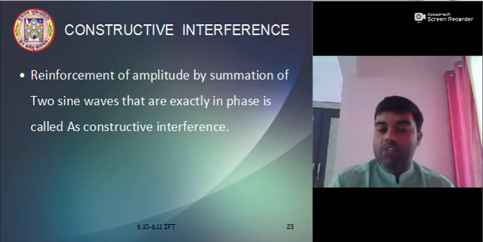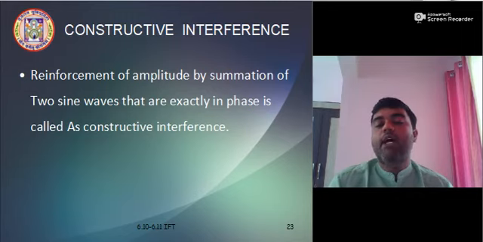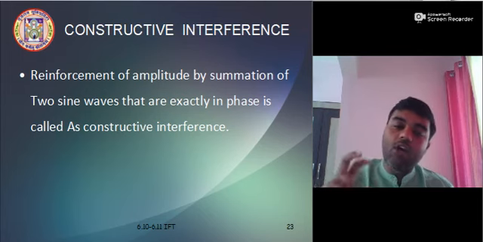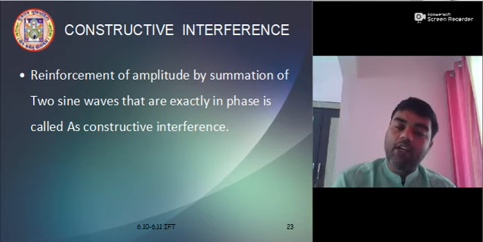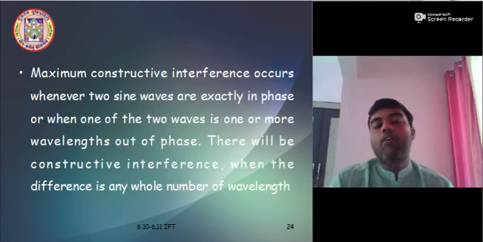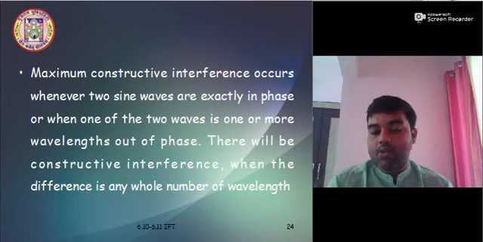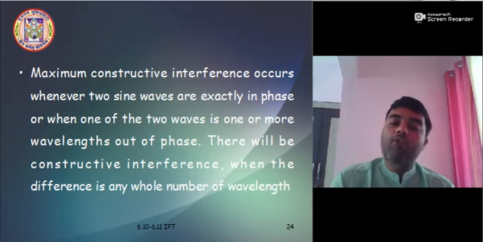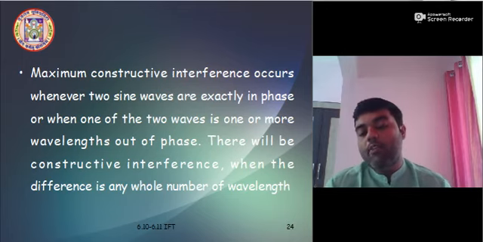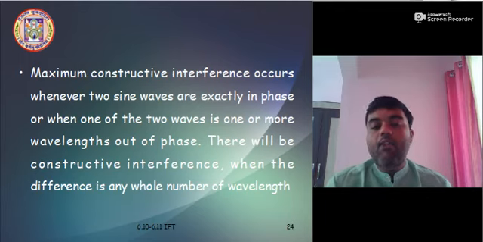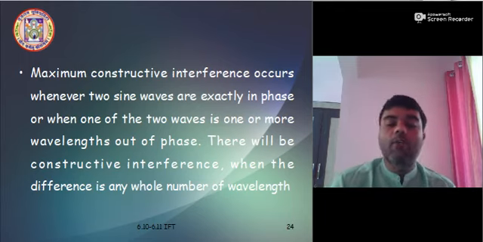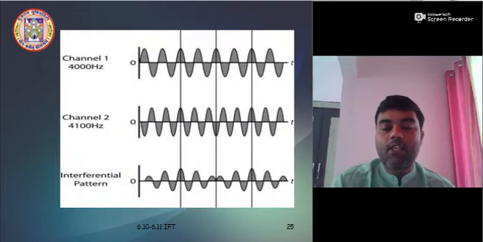Constructive interference: reinforcement of amplitude by summation of two sine waves that are exactly in phase is called constructive interference. Maximum constructive interference occurs whenever two sine waves are exactly in phase, or when one of the two waves is one or more wavelengths out of phase. There will be constructive interference when the difference is any whole number of wavelengths.